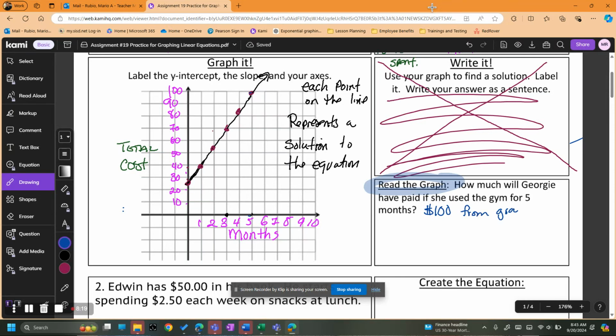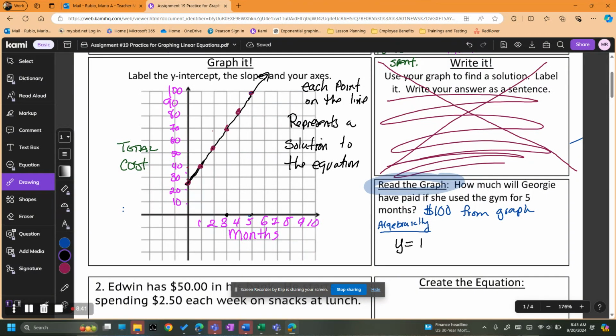Now, in some of these problems, when you're working them, you're not going to get the answer that they're asking you. It might be off the graph, or the graph might not have been big enough for you to get all the answers. So another way to do it is algebraically. That means we're going to solve the equation.